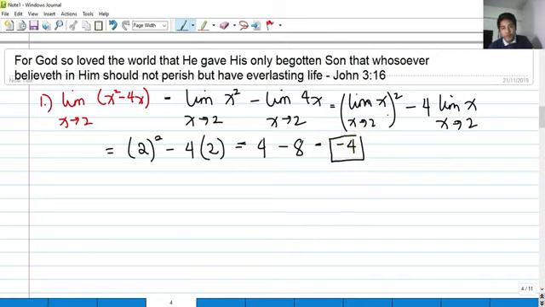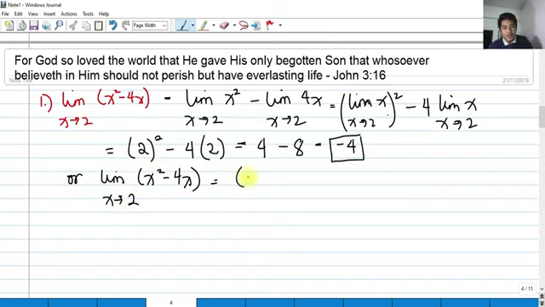Another way to solve this: since this is a polynomial function, we can substitute directly the value of a for our x term.